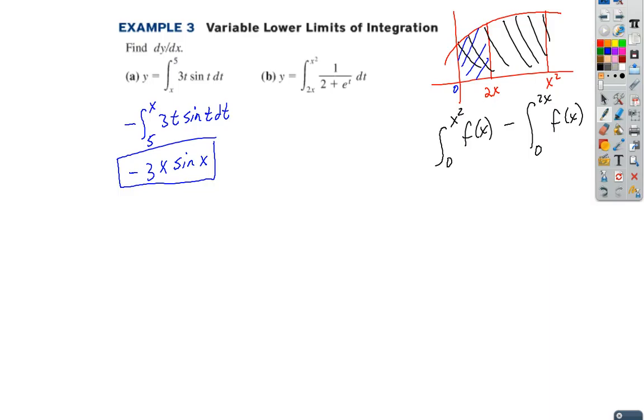But what's my function? My function is, oh, this should be t, my bad. My function is something super crazy. Again, I'm going to follow the flow. If I'm going to take the derivative of this whole business, I can do it one step at a time.